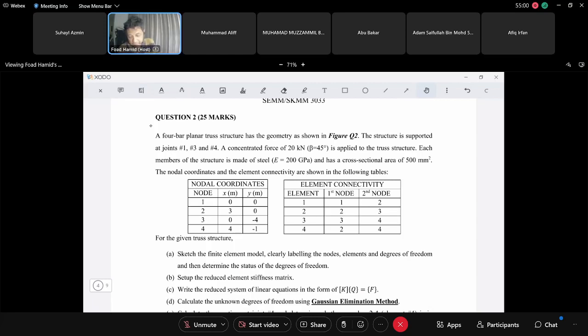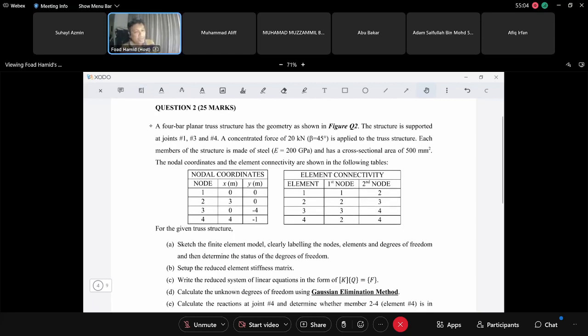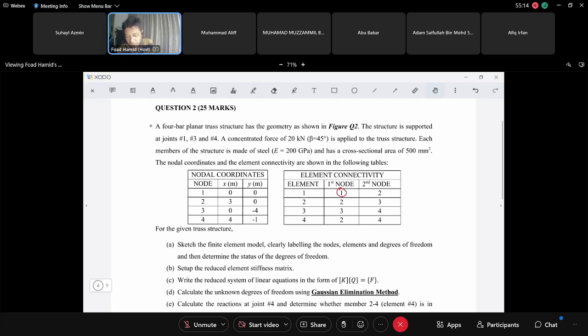Okay, and again, this is the element connectivity table. Note that the element connectivity table will tell us which one is local node 1 and local node 2 for each element. Why do we need this? Anyone?